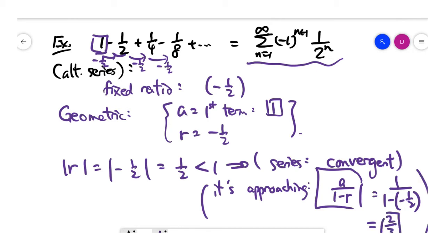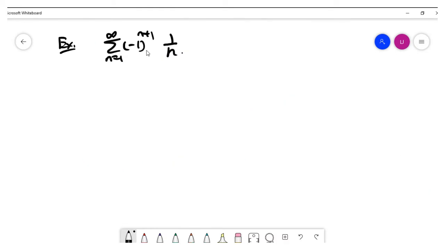So this 2 over 3 means that if you keep doing this summation process forever, this value is approaching 2 over 3. But this problem is based on the fact that it is alternating and it is geometric, right? And let's look at other examples where it is an alternating series, but it is not geometric. So please look at the current problem.